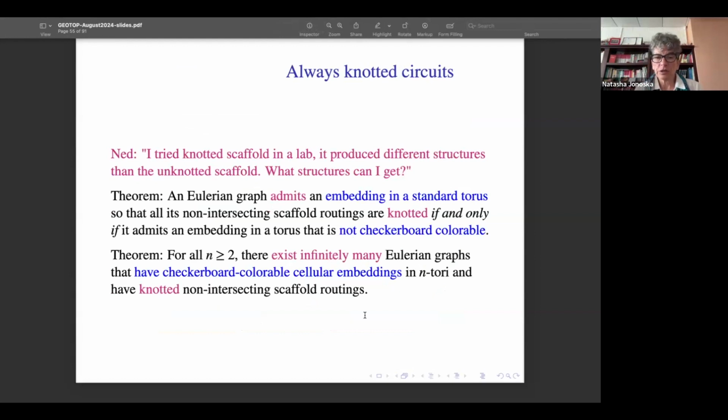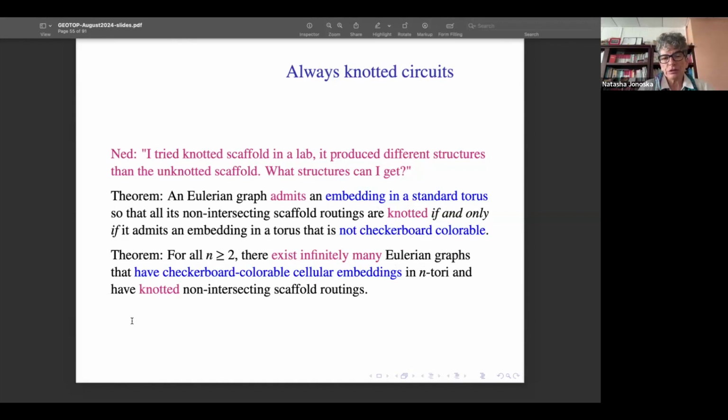If I have an Eulerian graph, then I can have a knotted routing of the graph, when this graph is embedded in a standard torus, only if I have a non-checkerboard coloring embedding. And for every genus n greater than or equal to some value, we can find infinitely many Eulerian graphs that have, in fact, a checkerboard colorable cellular embedding, but they are all knotted.